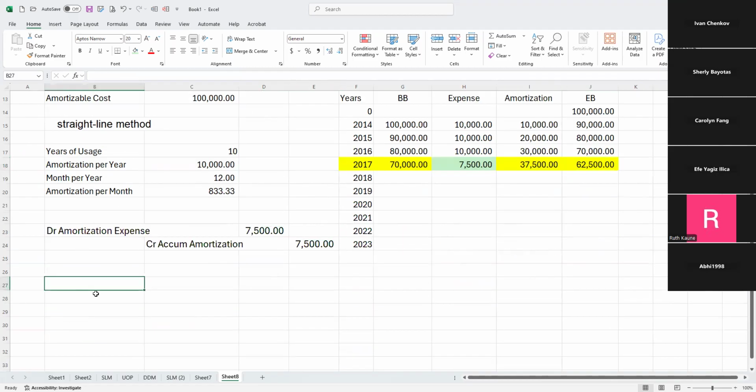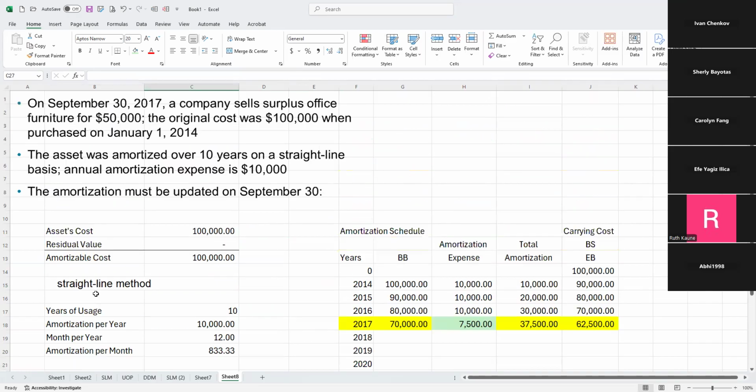So let's see, we're selling the asset. What do we get? Usually we get cash. Let's get the cash. Debit cash, right? How much cash we get? 50,000.